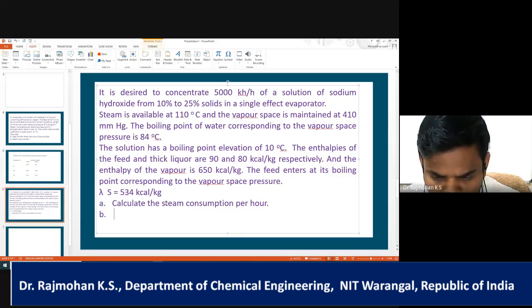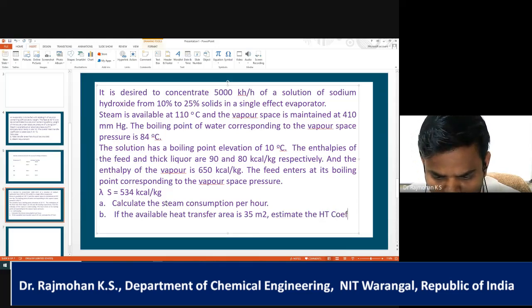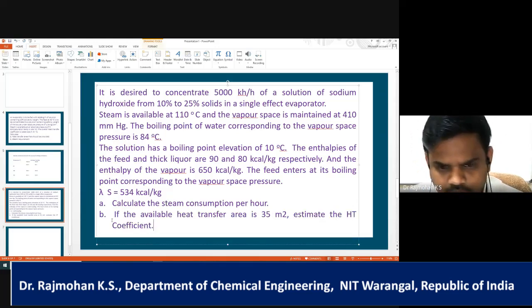B part is, if the available heat transfer area is 35 meter square, estimate the overall heat transfer coefficient.